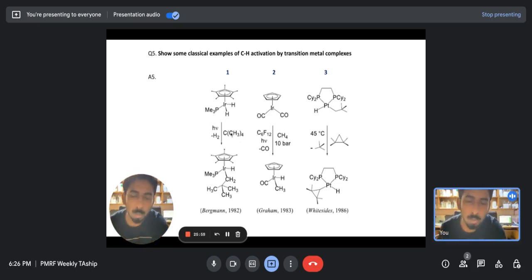Now this CMe4 has a carbon and 4 methyl groups, and the methyl groups have C-H bonds. You know these iridium compounds are very prone to oxidatively cleave a C-H bond.